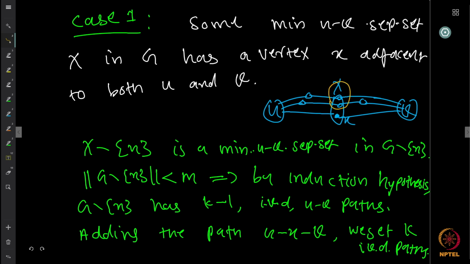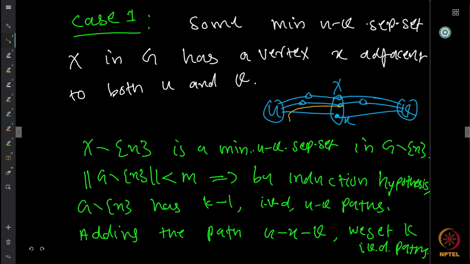That means that you can find k minus 1, since this was cardinality k, internally vertex disjoint u-v paths from u to v in the graph G minus x. So in the graph G minus x, there are k minus 1 such paths.